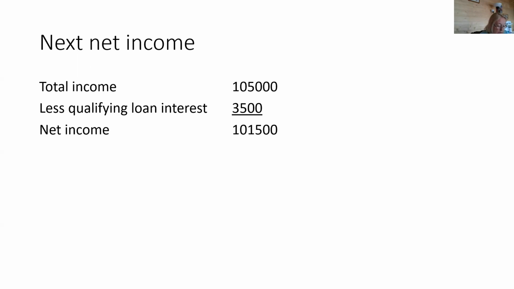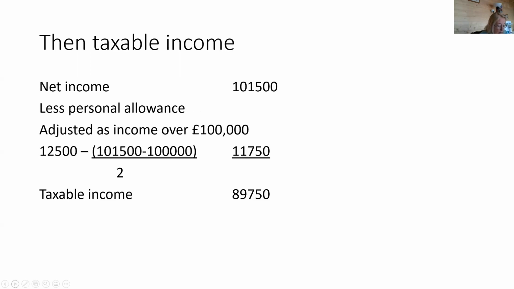Then the next thing we've got to do is to work out our taxable income. So that's net income less personal allowance. So net income 101,500. Now the personal allowance, it told us in the question, was 12,500.